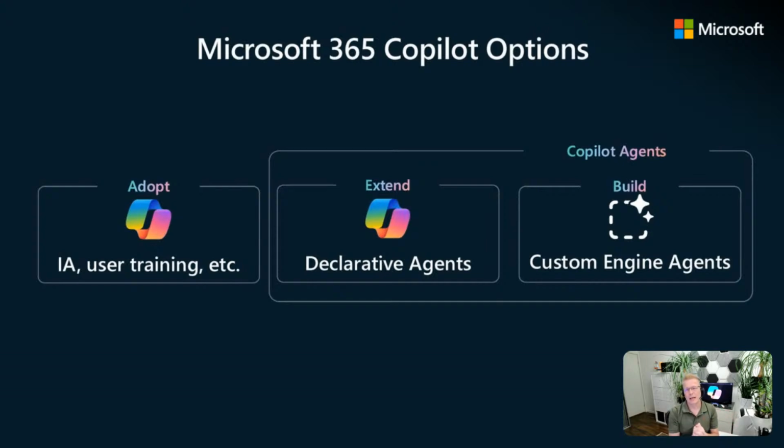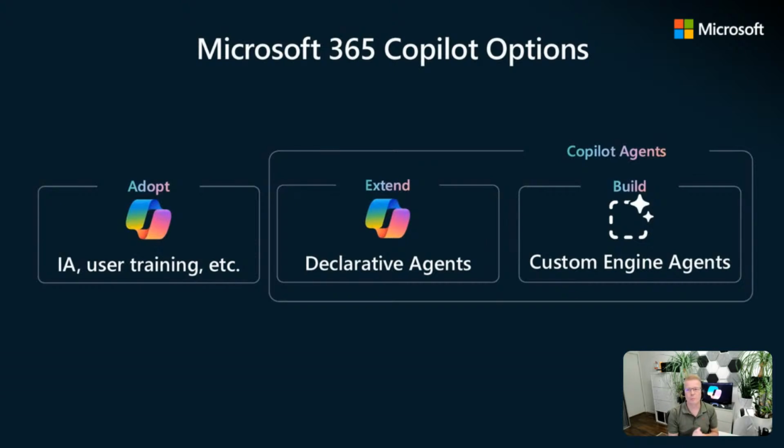The second option is then to extend. And that's when we actually create declarative agents. We do functionalities and define how the extension will be adapting or connecting to external data. And then that changes the behavior of the Copilot and changes the results and what you're seeing within the Copilot chat. You could actually see user interface elements there as well, not just the text, which is really, really cool.